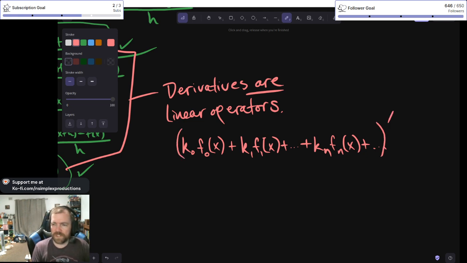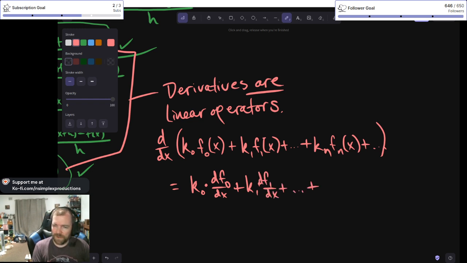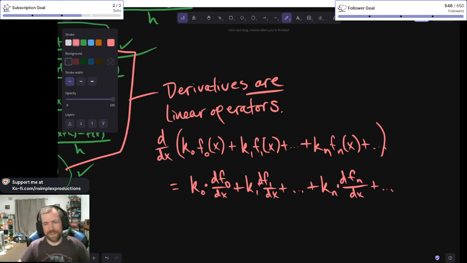Parentheses, take the derivative of it, and let's do the other derivative. d/dx is going to be equal to k sub 0 times df0/dx plus k1 times df1/dx plus ... all the way out to k sub n times df sub n over dx plus ... Right? It's all the same stuff.